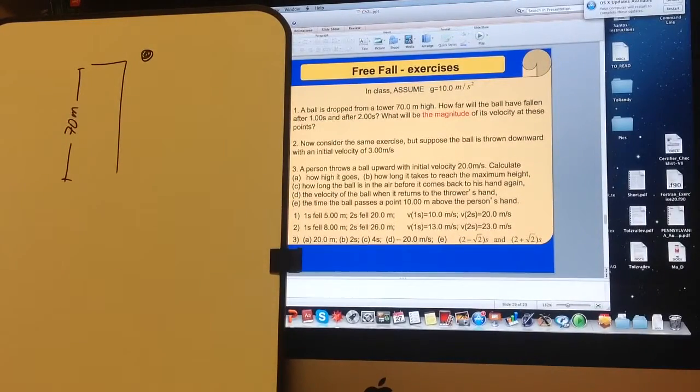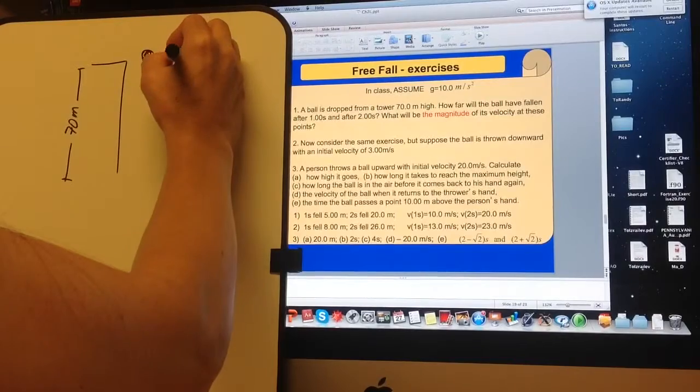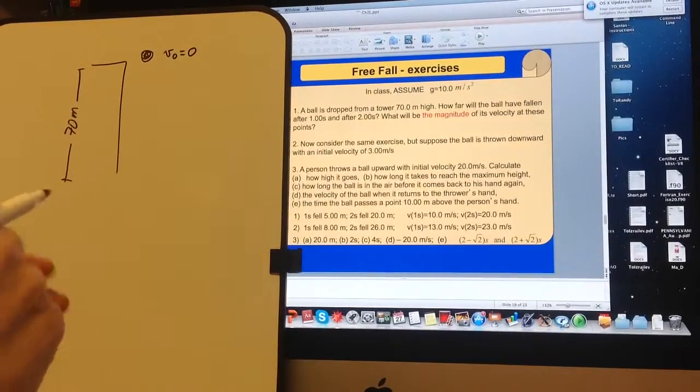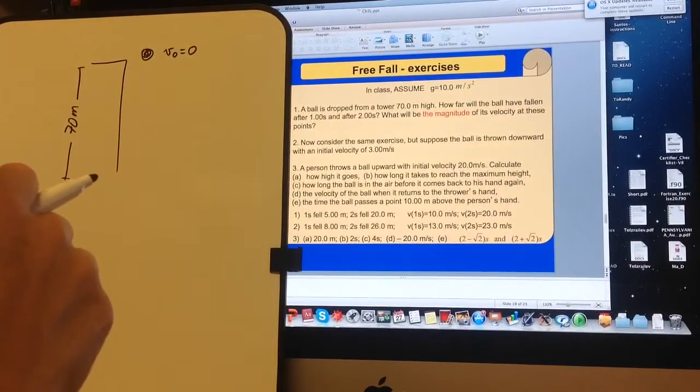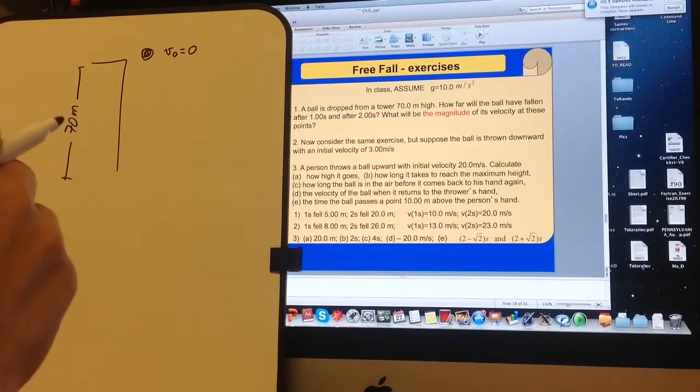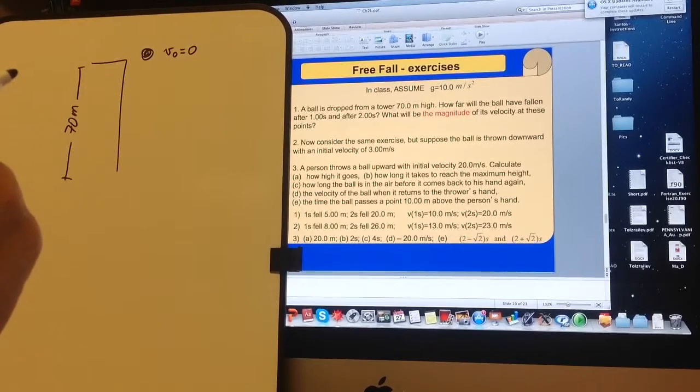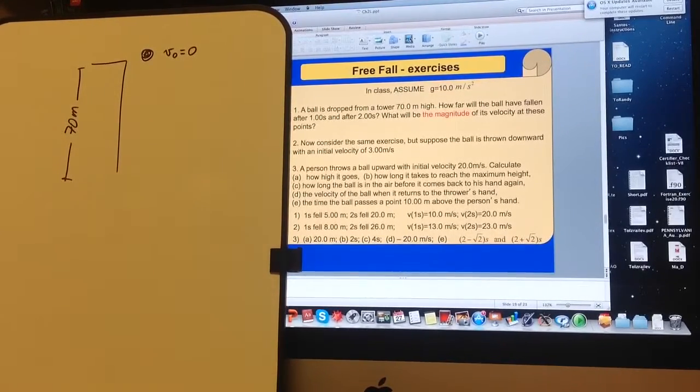If it is dropped, we know that the initial velocity is 0. This is important information. And we want to know how far the ball will have fallen after 1 second, then after 2 seconds, and then finally what will be the magnitude of its velocity at this point.